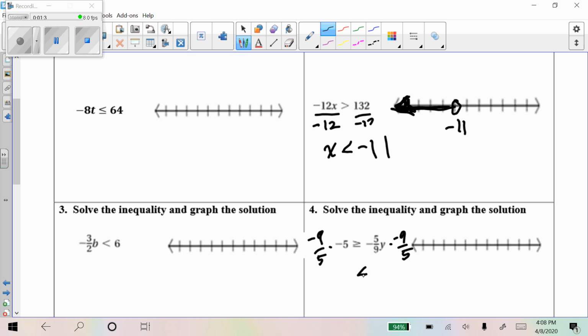But you have to remember to flip the sign when you do that, because we multiplied by a negative number. So you get 1y on this side, and on this side, -9 times -5 is 45, divided by 5 is 9. So y is greater than or equal to 9. So your graph should look like this, with the arrow going this way.